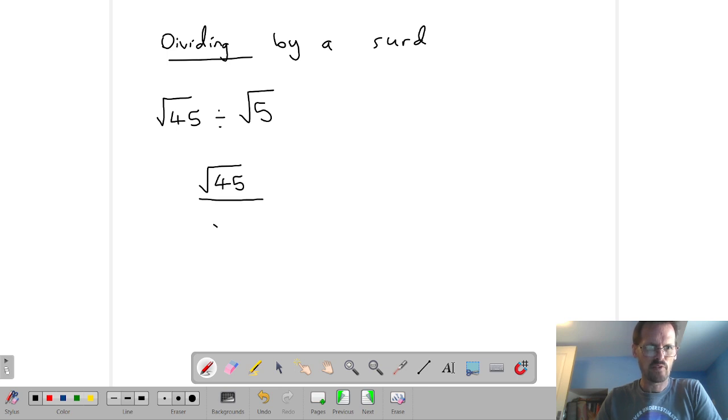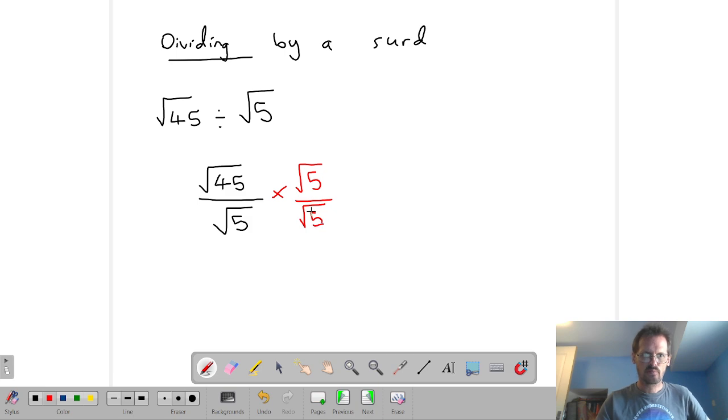So root 45 divided by root 5. And what we're going to do is make an equivalent fraction of that by simply multiplying the top and the bottom by something. And the something we're going to choose is a root 5 over root 5. Okay? Multiply the top and the bottom by something. Doesn't change the value of the thing you start with.